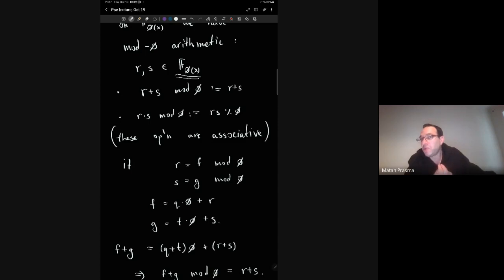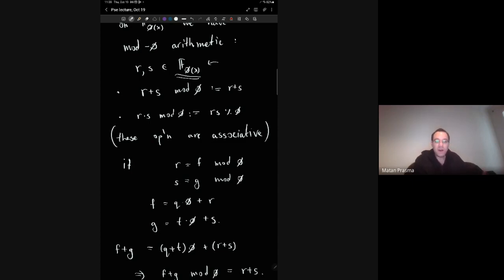Another way to define the integers modulo n is to say, I look at all possible remainders, 0 up to n minus 1, and I have addition and multiplication modulo n on this set, again given by the long division. So what I get in this polynomial case is really completely analogous.